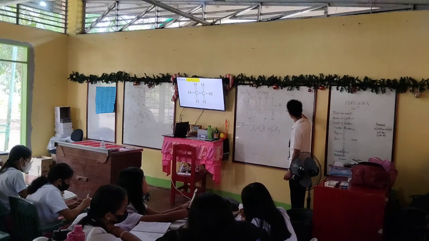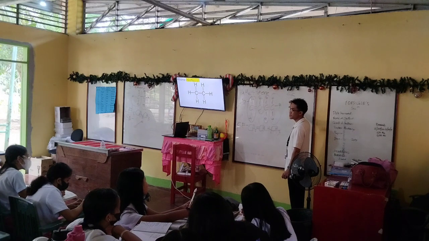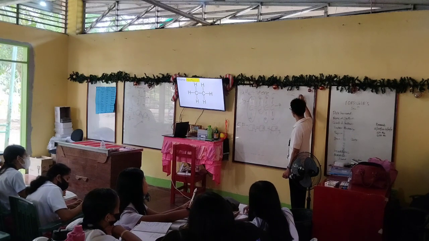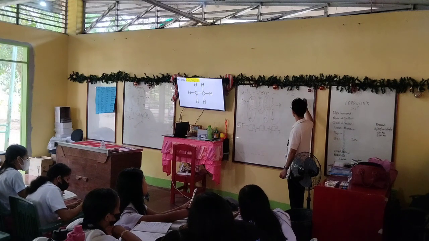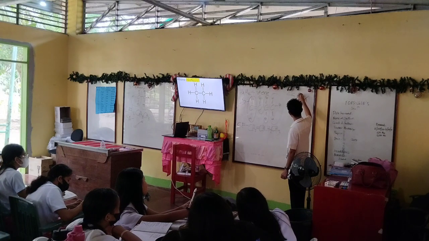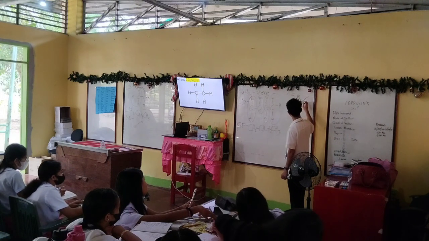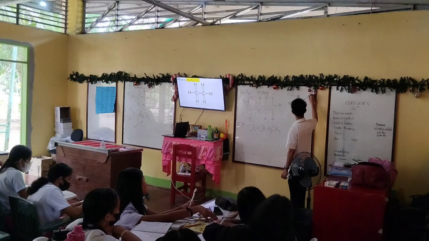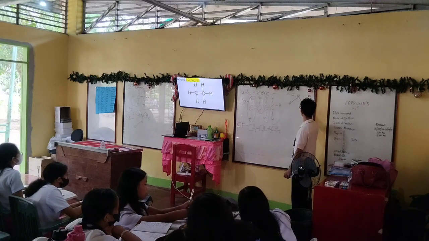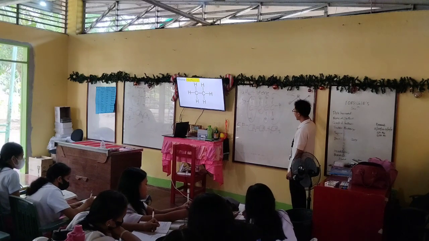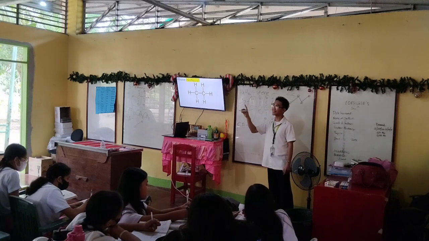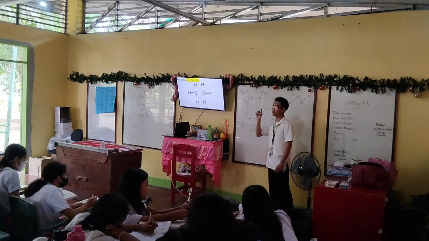So that's 1, 2, 3, 4. So carbon, carbon, carbon, carbon. And the difference niya sa alkane is that naa siya double bond.